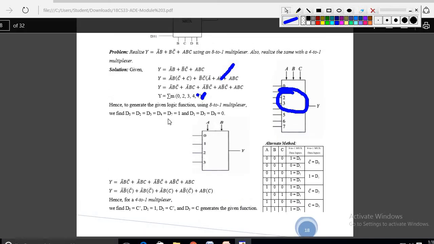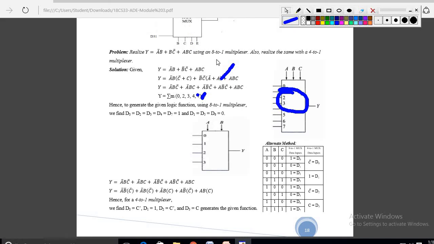Don't get confused. First you have to observe the first function, what the expression is. The first one he has solved using an 8:1 multiplexer, and he is also talking about the 4:1 multiplexer. For an 8:1 multiplexer, 3 control inputs are a must. Here one of the control inputs is missing.